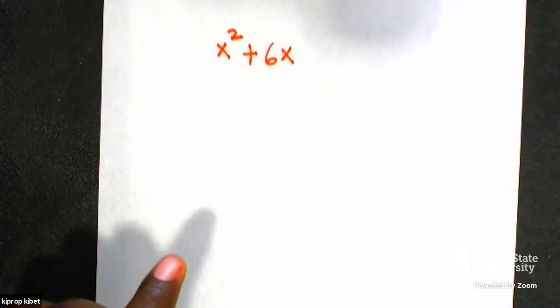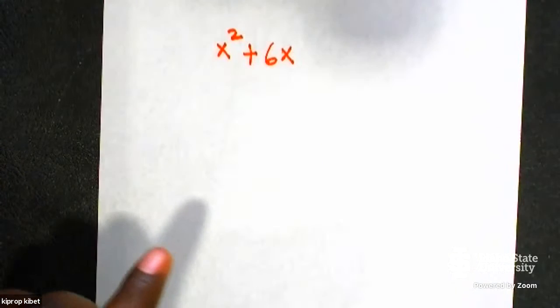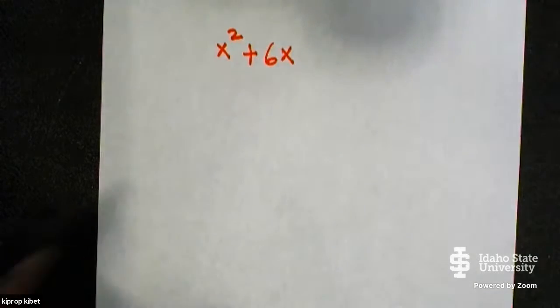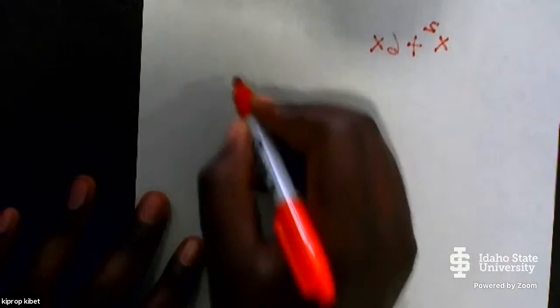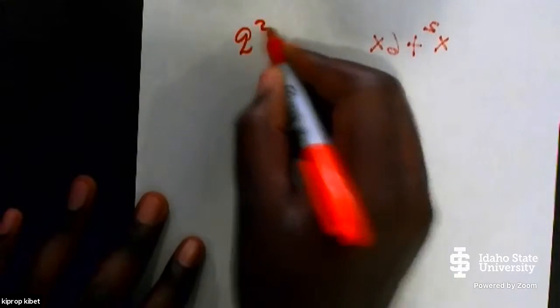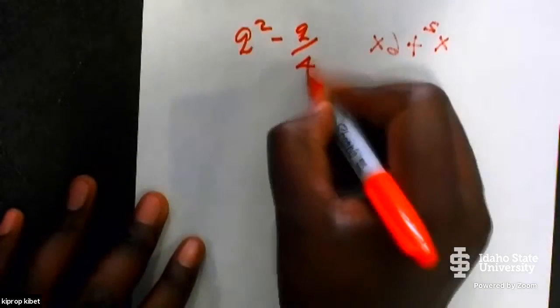Do you have something like that? Okay, let's do an example that we did last week, which was q squared minus q all over 4.